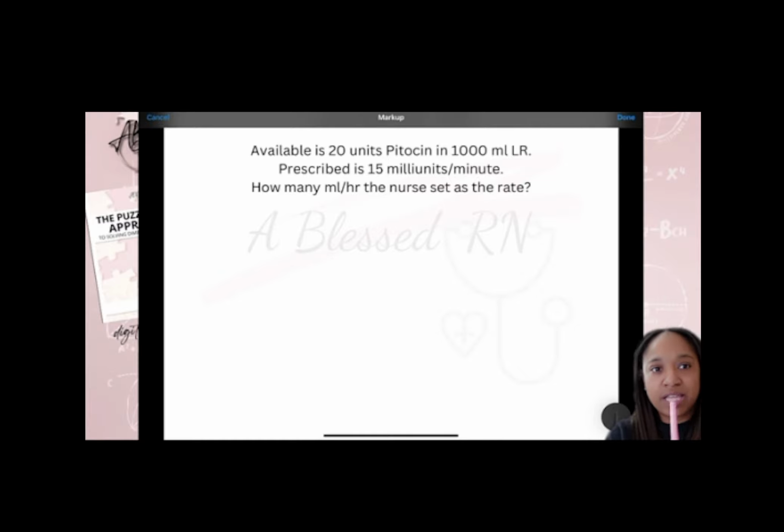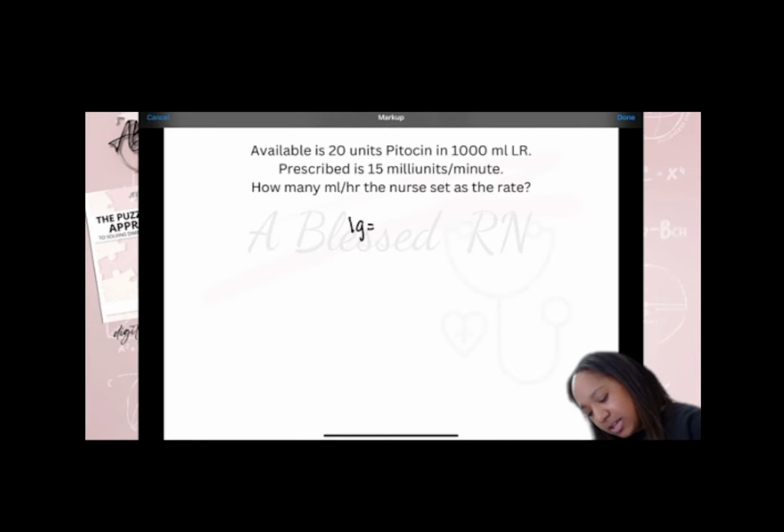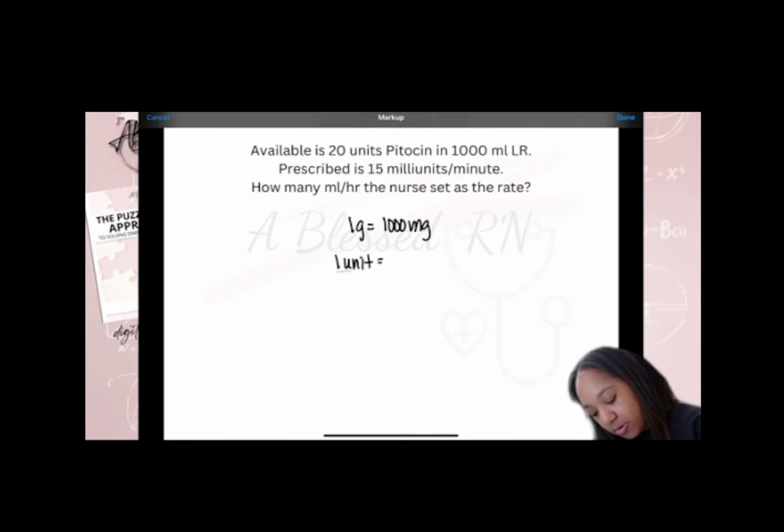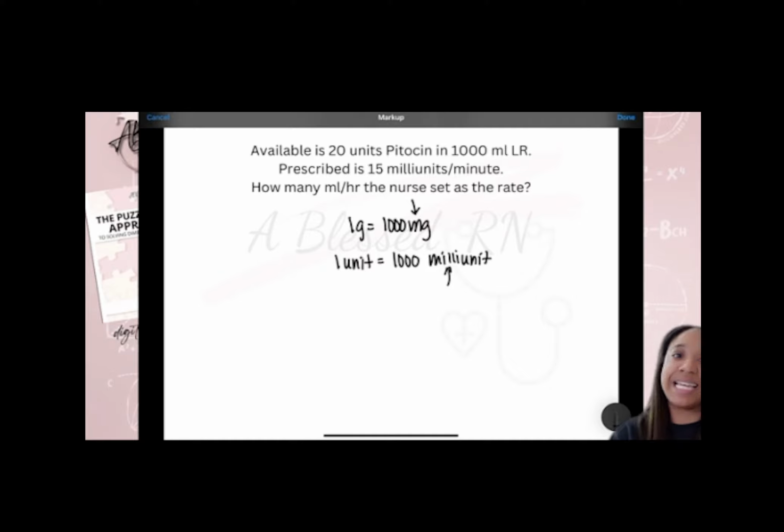I know you're used to seeing grams and micrograms and milligrams, but let me show you this. 1 gram equals 1,000 milligrams, right? 1 unit equals 1,000 milliunits. So you see this prefix, that milli is the same all across the board. You're just changing that unit of measure, okay?